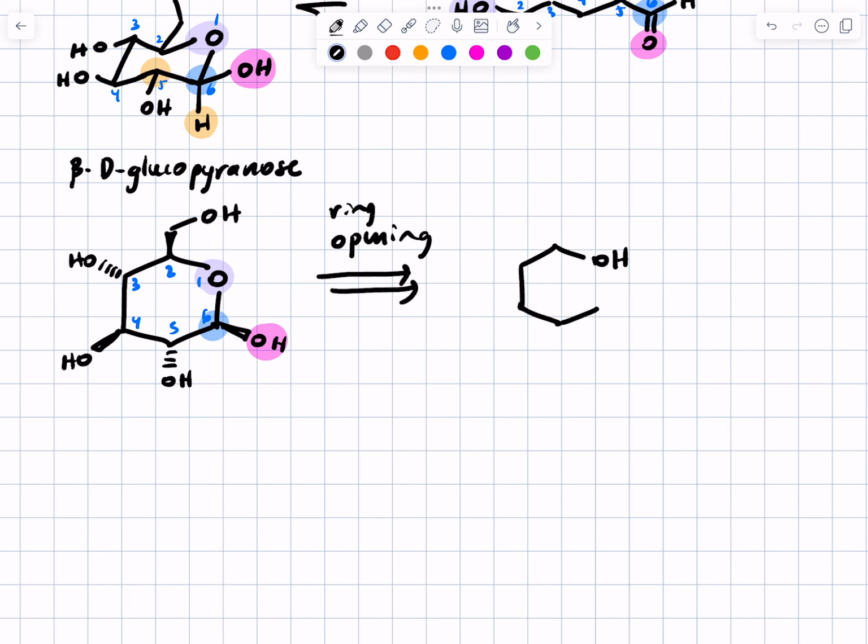Keep everything exactly where it is, only carbon 6 becomes an aldehyde, blue carbon 6. What used to be the hemiacetal OH group becomes the carbonyl oxygen, and everything else stays where it was. Unchanged, because it wasn't involved in the reaction.